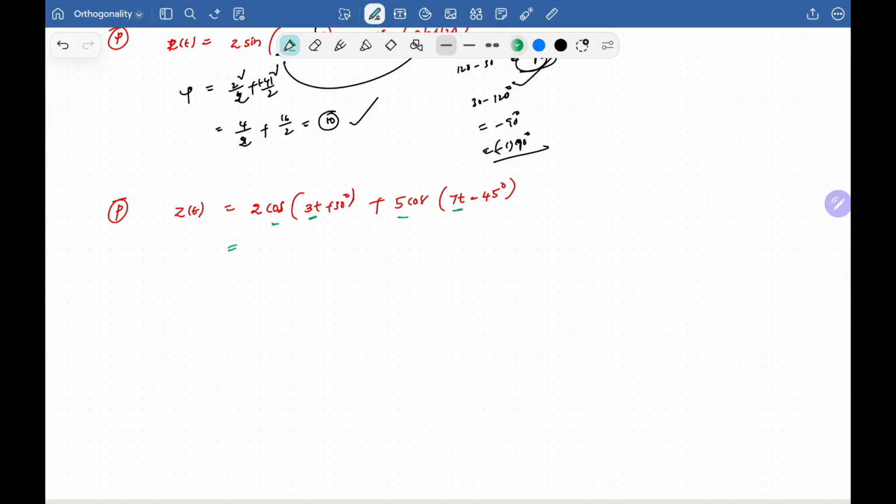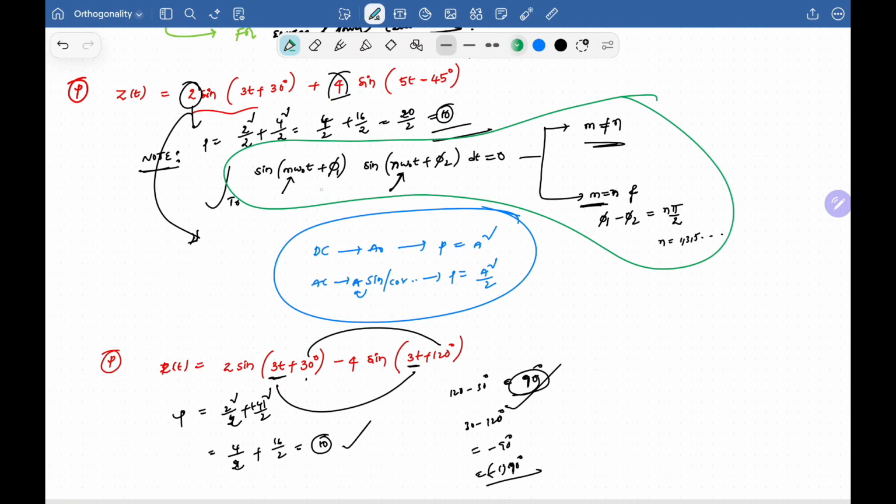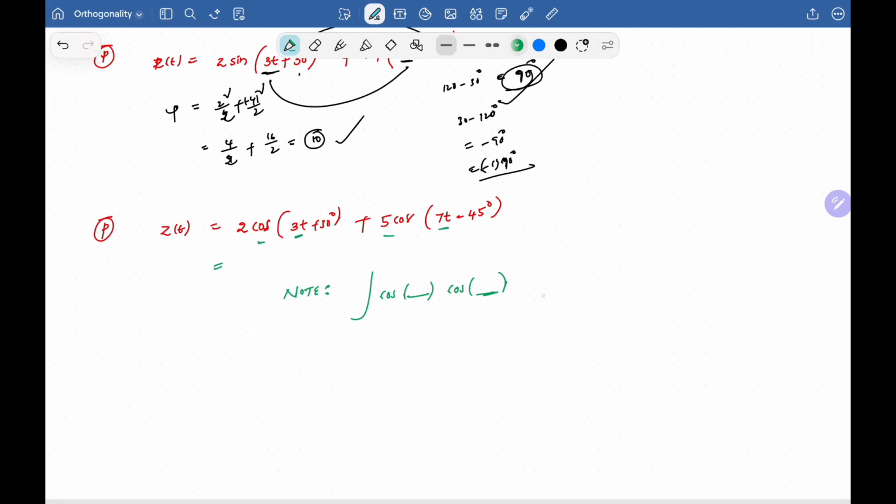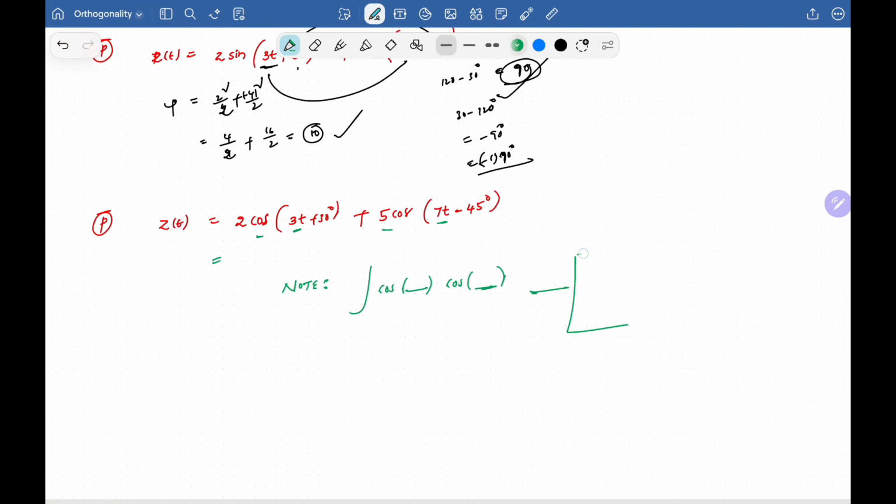But before that, I want you to note down one more note for the cos function. When both are given as cos something and cos something, similar to this one, I'm not repeating that. If M is not equal to N, then directly you can use the orthogonality condition, so it is satisfied.